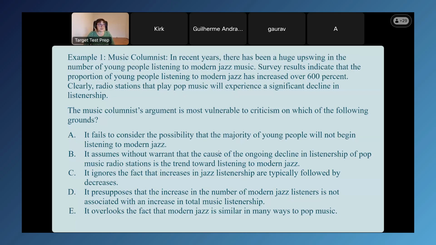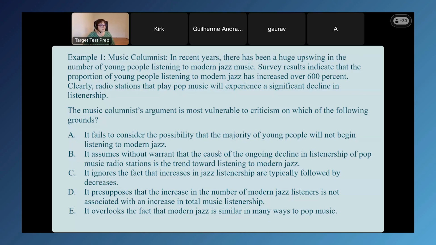It says there has been an increase in young people listening to modern jazz, 600%, and the conclusion says that radio stations that play pop music will experience a significant decline in listenership, but we don't know that that decline is ongoing. So B isn't a logical flaw because it's talking about something that we don't know is the case.